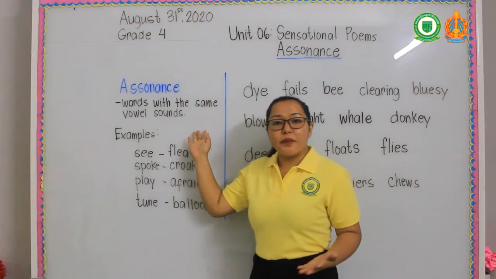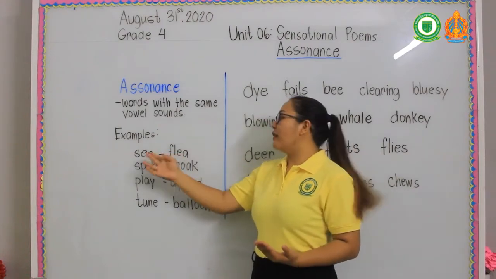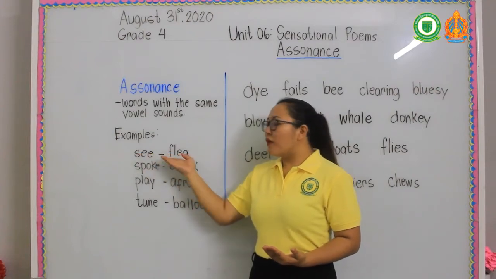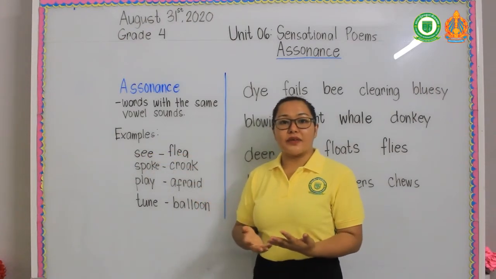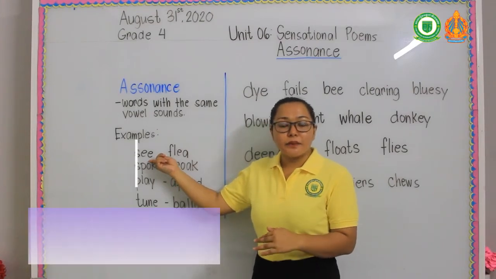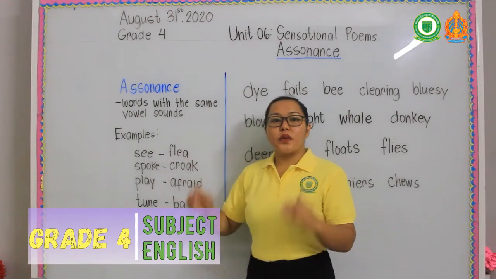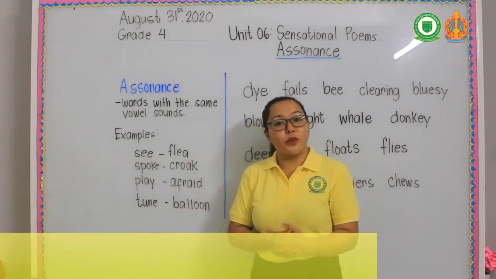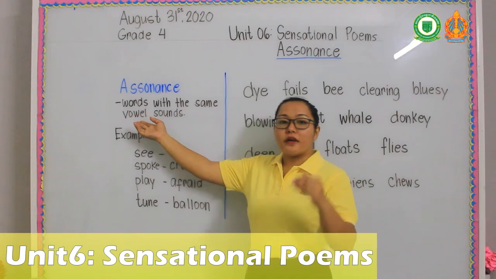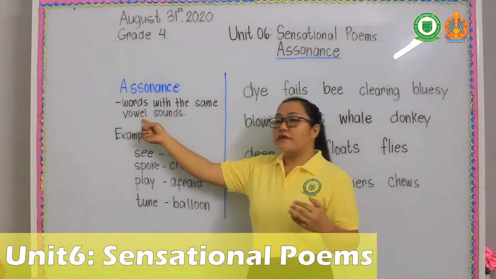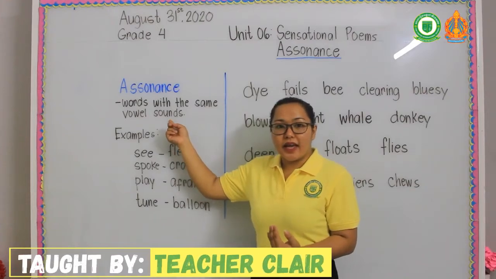So examples of assonance, we have see, flee. They both have the same vowel sound, right? Do they have the same spelling? No, right? Because we are not focusing on the spelling of the word. Again, we are focusing on the vowel sounds, okay?